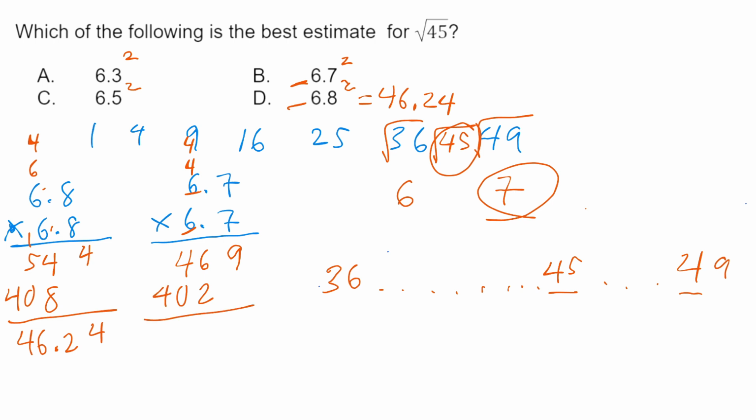So we have here 9, 8, 44. So 6.7 squared is equal to 44.89. Which one is much closer now to 45, the 44.89 or the 46.24? Definitely the 44.89 is much closer to 45, right? So the answer should be 6.7, or letter B.